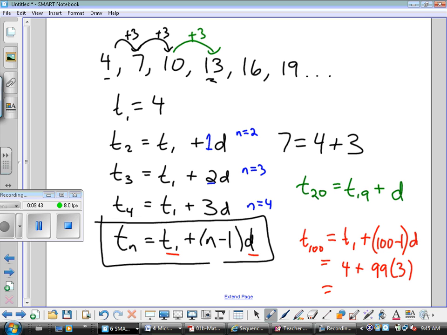So 99 times 3 is 297. So we know that the 100th term is going to be 301. That should be a plus sign right there. So yeah, it's a very useful formula, and we'll see in the examples that are coming up how to use it.